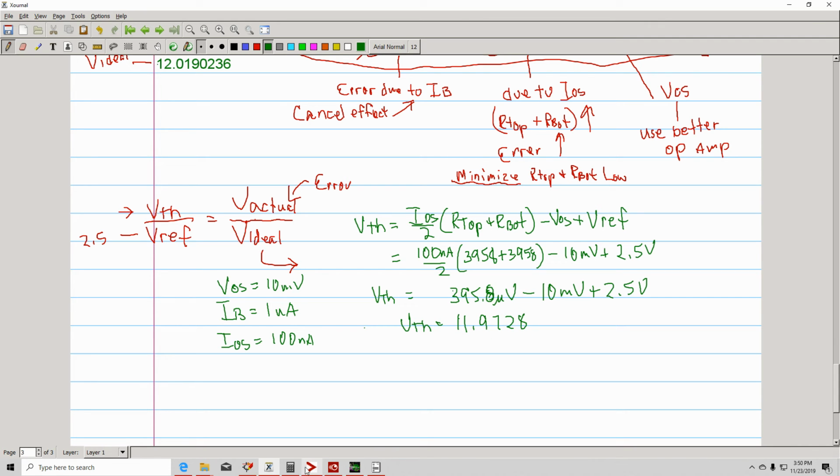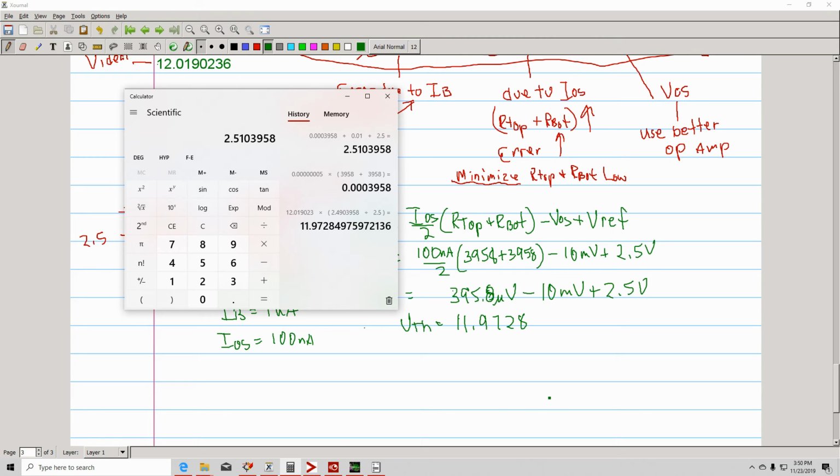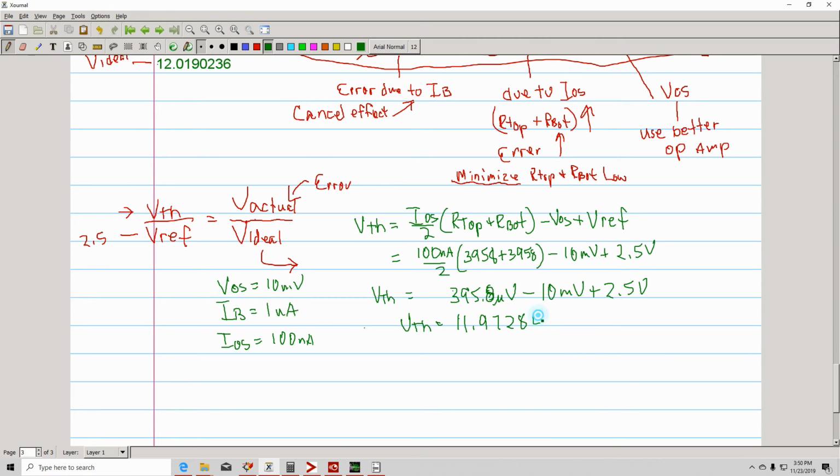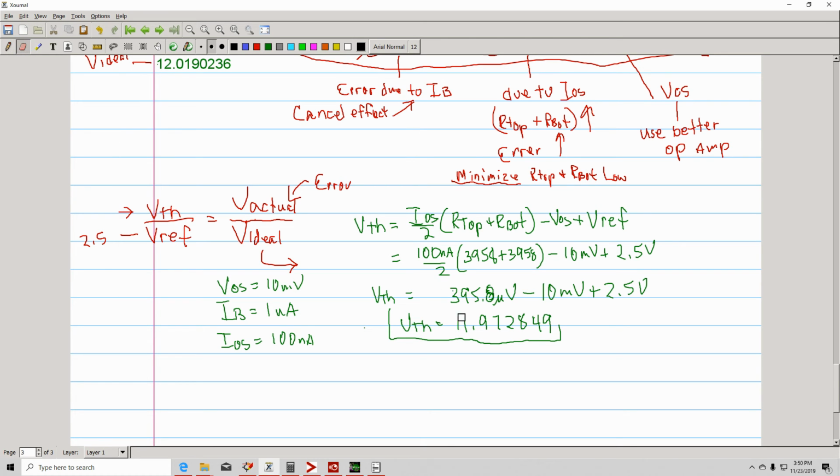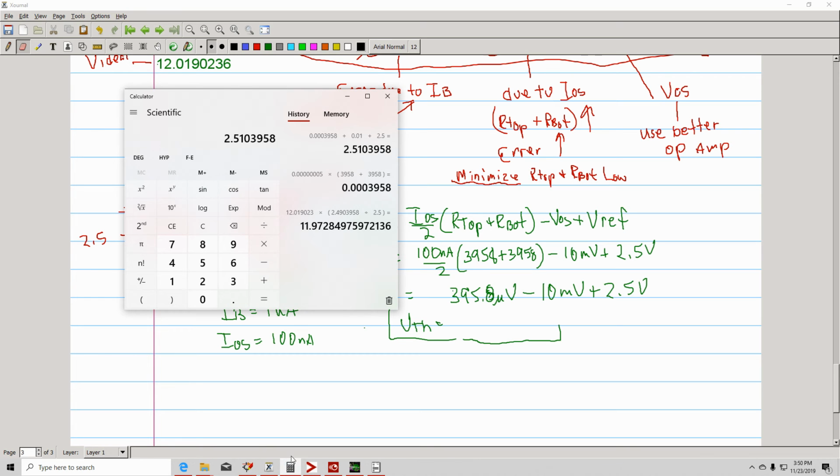Okay, so we get a voltage of 11.9728. Is that what I got? Let's see. Oh, I'm sorry, I did not get that. I got this voltage. Hang on. Let me erase that. This is wrong. Sorry about that. Let me do this again.